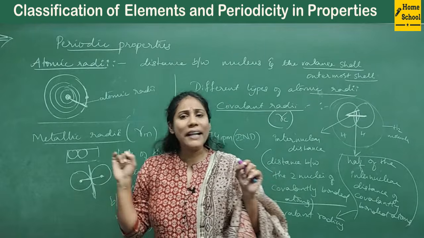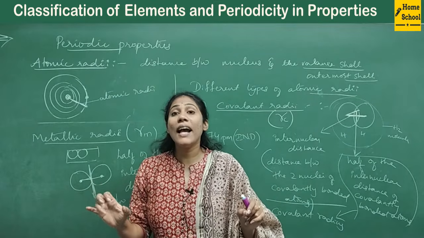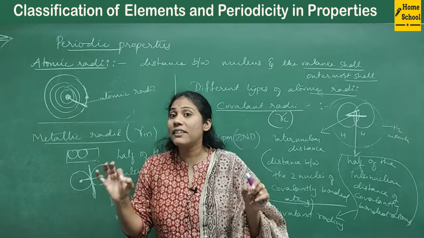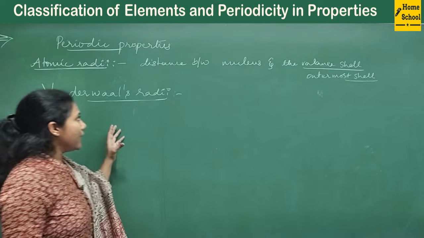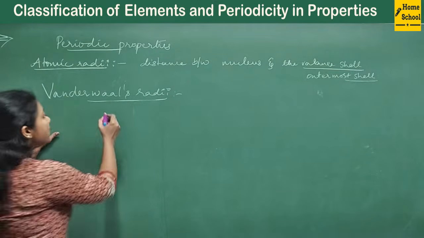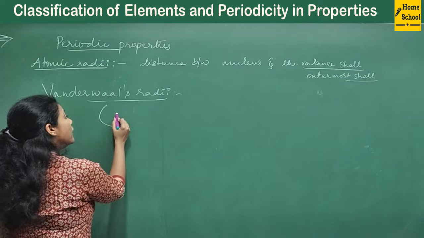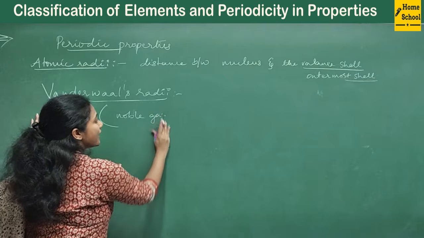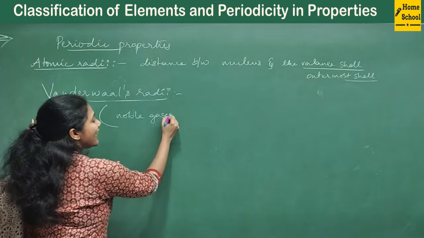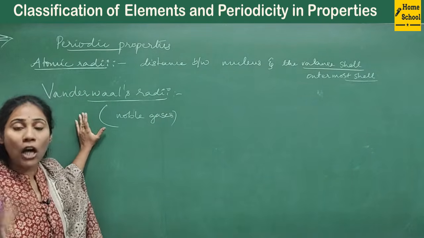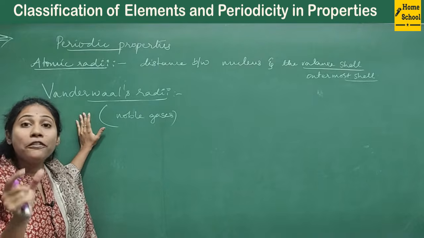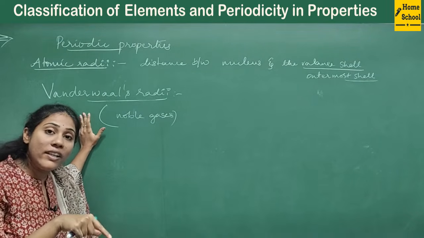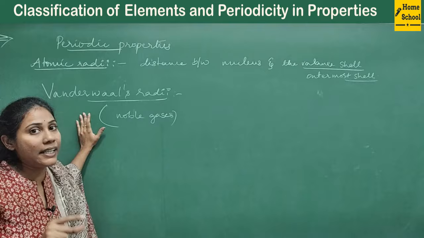Now we will go to another important type of radii, van der Waals radii. That's the third type of radii. Observe carefully, guys. We consider van der Waals radii only for noble gases. For all other elements, to talk about atomic size, we consider either covalent radii or metallic radii.